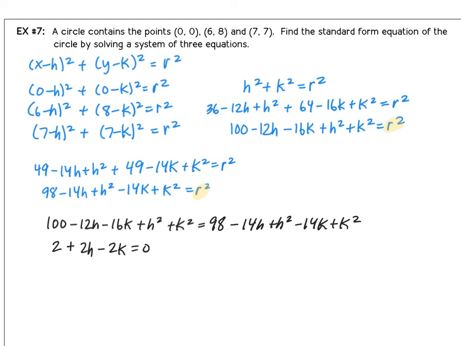And actually, I'm noticing if I divide everything here by 2, then I get that. So that means k is equal to 1 plus h. I'm hoping that helps. Okay, so I just added basically equation number 2, and I set that equal to equation number 3. Okay, that was my procedure there.